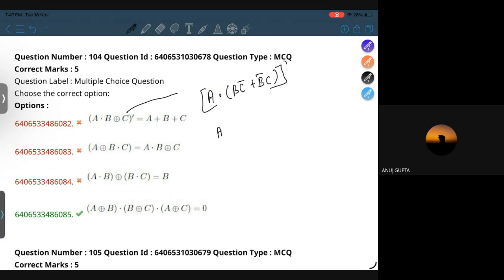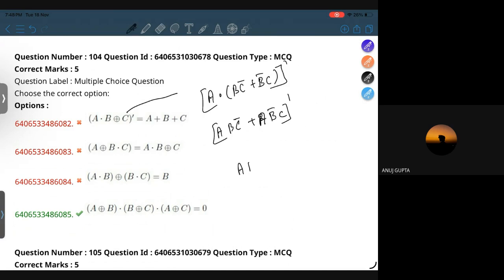If we open it, (A B C complement plus A B complement C) to the whole complement.